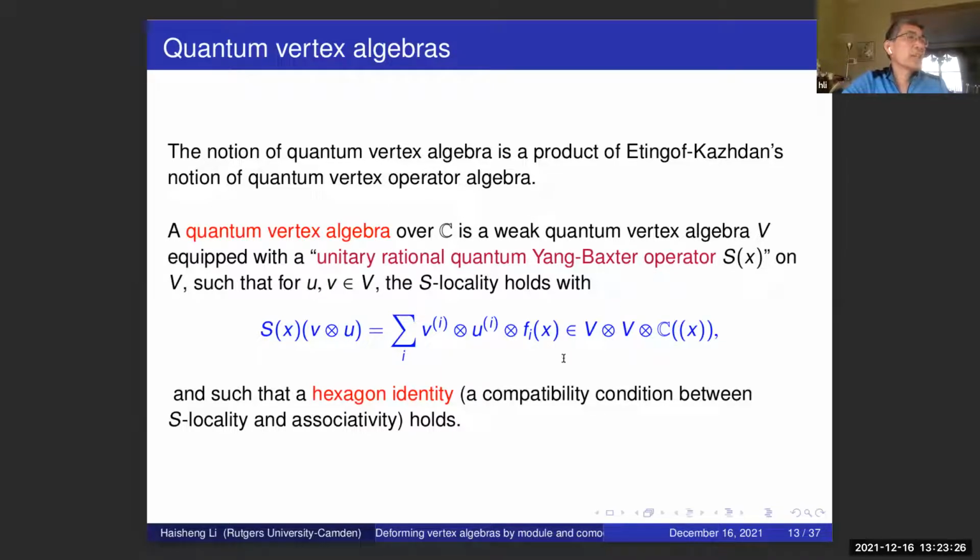One main thing is the so-called unitary rational quantum Yang-Baxter operator. That controls the S-locality. When you switch them, we do see a map, a linear operator from U tensor V to the other place. When we say exist, it means a linear map. That linear map is given by this unitary rational quantum Yang-Baxter operator, which then satisfies natural compatibility conditions. I just quickly move past that part.